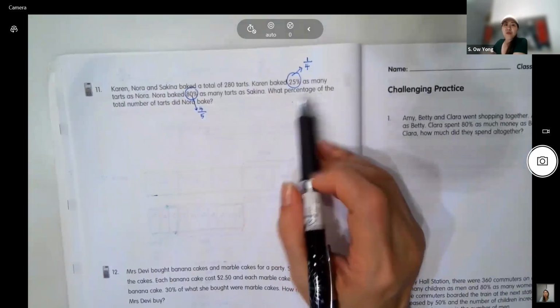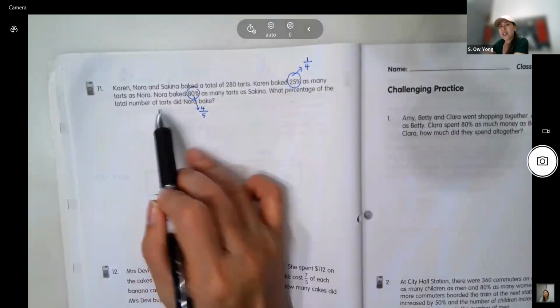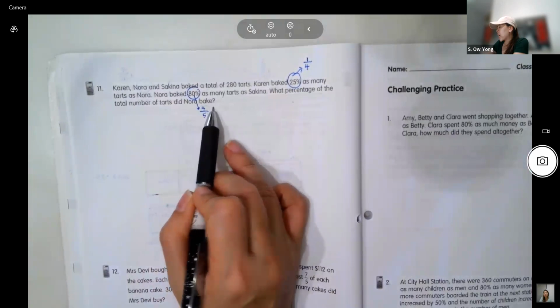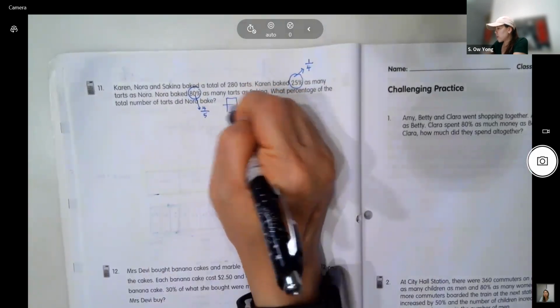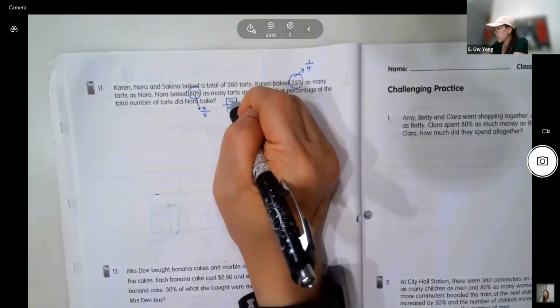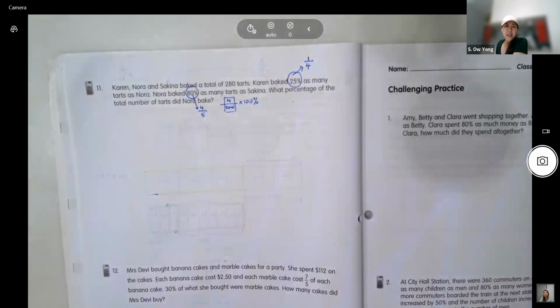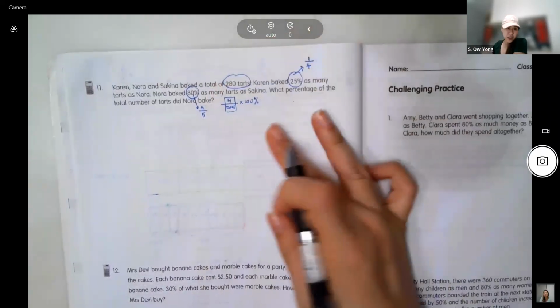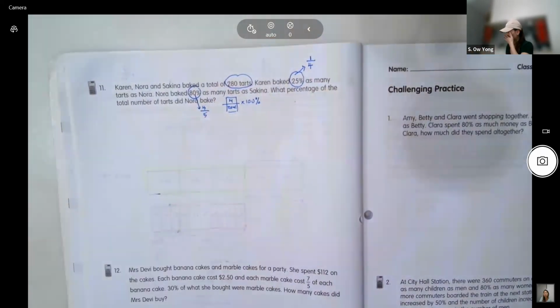I want you to go and draw the model and find out what percent of the total task Nora baked. Okay, they want total at the denominator and Nora. So this is the one. You can use units to solve. Okay, go and try, draw your comparison model.